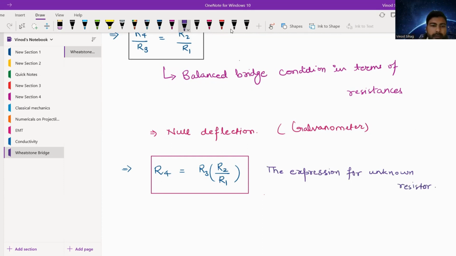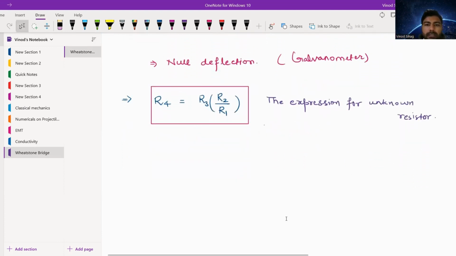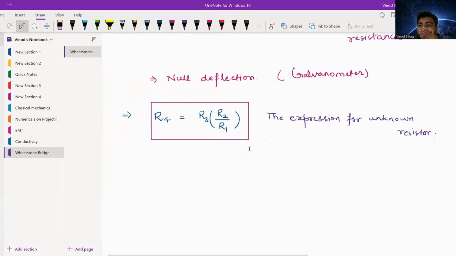Because we have taken R4 as the unknown resistor, we can find out its value, which is completely based on the values of R3, R2, and R1. So that's how the Wheatstone bridge works.